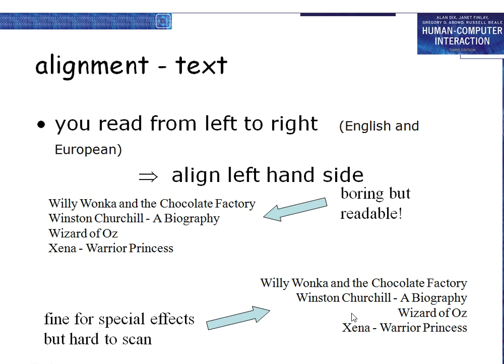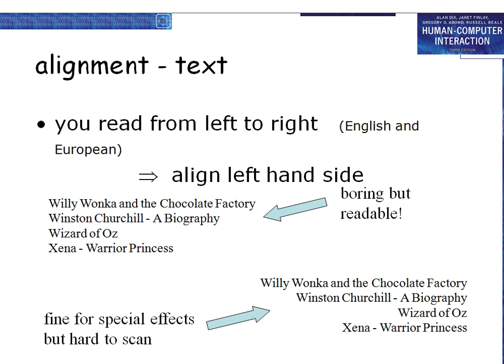Alignment on the text. What is the alignment on the text? Why do we need this? Because it relates to the user's perception, how to make it easy for the user to interact with our application, how to make the system easier to operate.